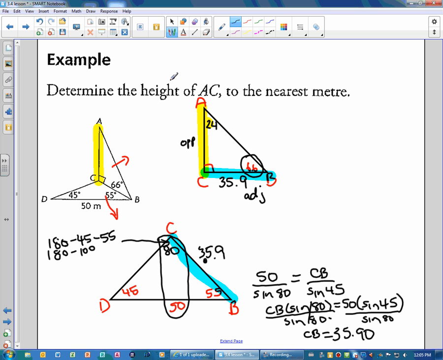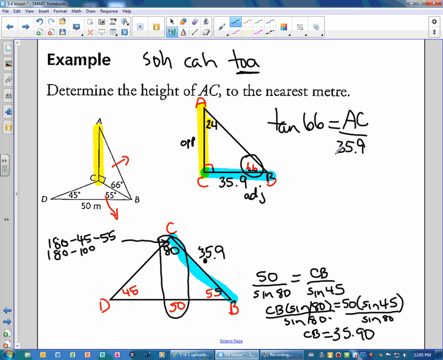So back to SOHCAHTOA. If I have opposite and adjacent, that's tan. I could say that tan 66 equals opposite over adjacent. Now remember what I told you, 35.9 wasn't exact. It was 35.90075, on and on. However, even though I'm writing 35.9, it's sitting on my calculator. I'm going to cross multiply here.